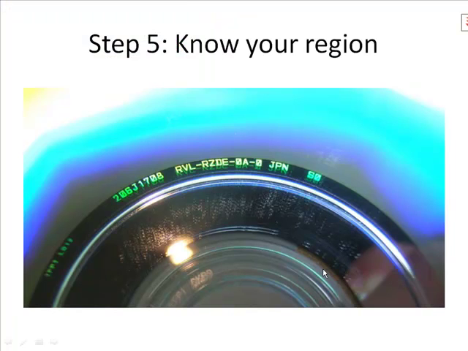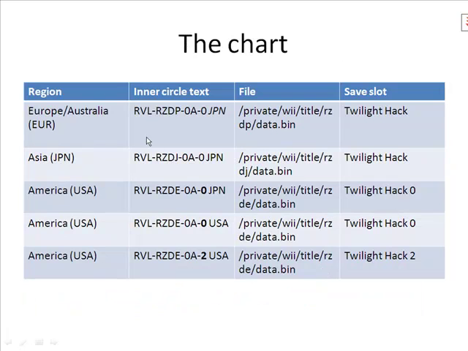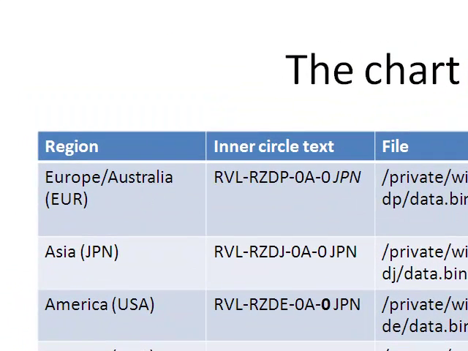Okay, so this was the inner circle that I was talking about. This is a CD serial. You're going to need to match up these numbers and letters with this chart. Now, the region is just what region you're in, Europe, Asia, America. The inner circle text is what we've been talking about. You have to match up what's on the CD with these numbers and letters, okay?